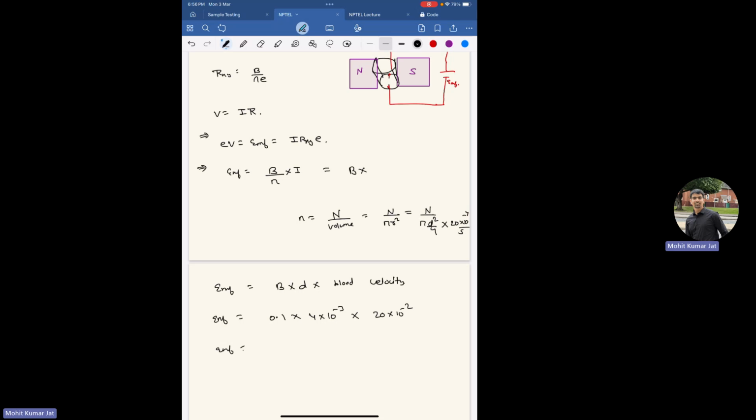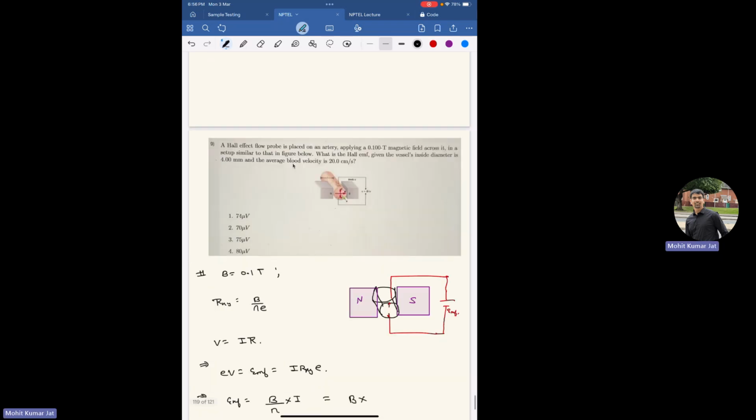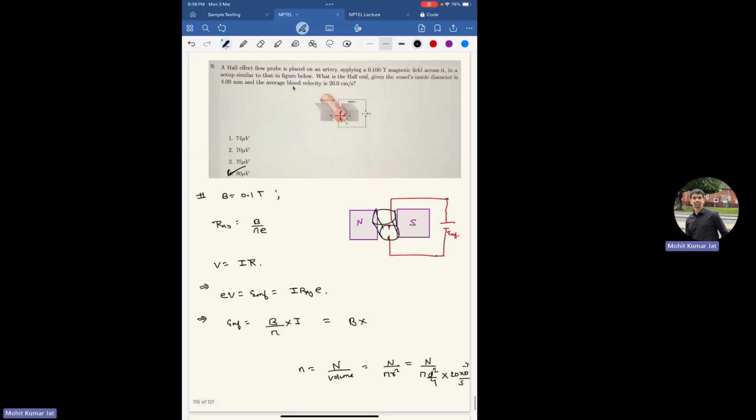So if you solve it, it will be 8 into 10 power minus 5, or 80 microvolt. That will be the EMF. So the correct option here is 80 microvolt.